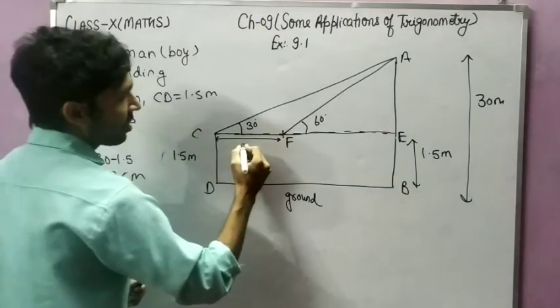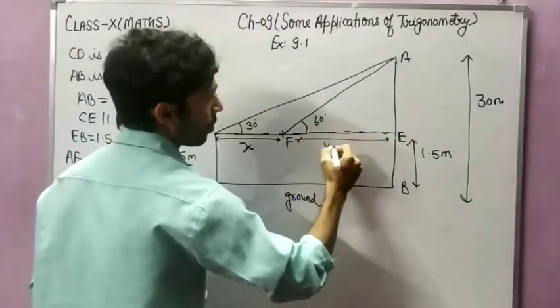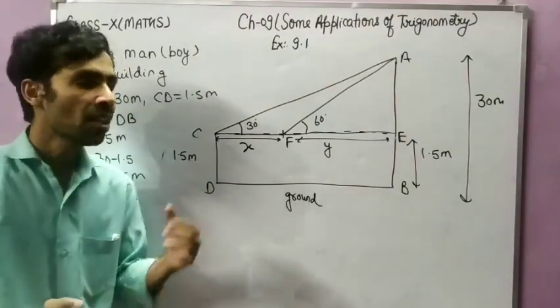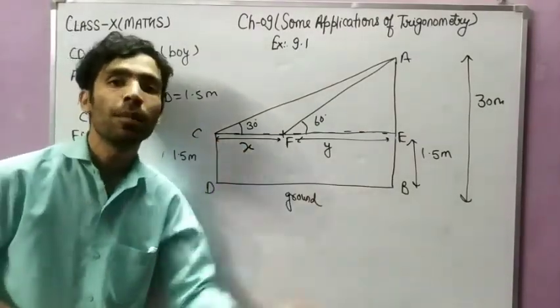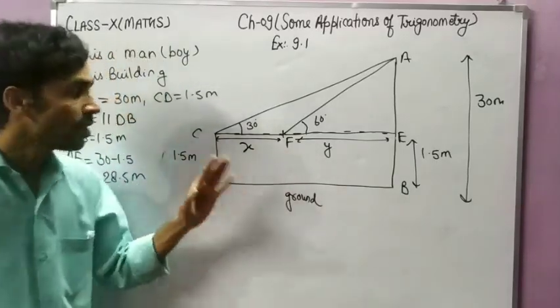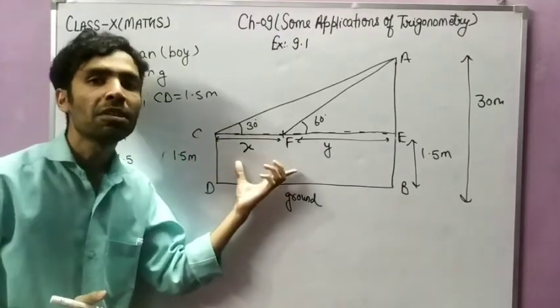Suppose, student, this is X and this is Y, and we have to calculate how much distance the man walked towards the building. Means we have to find CF, because the boy moves from C to F, so that much distance he covered.